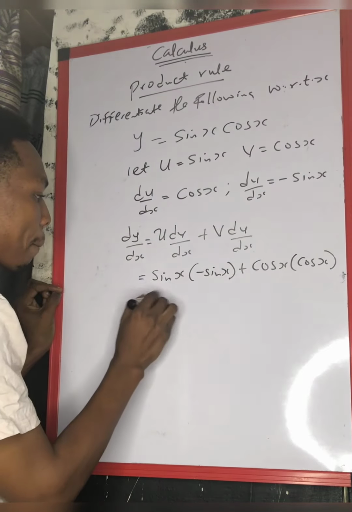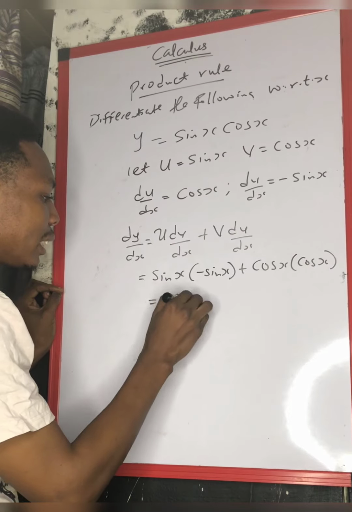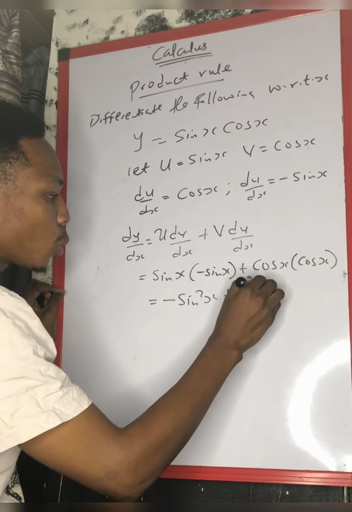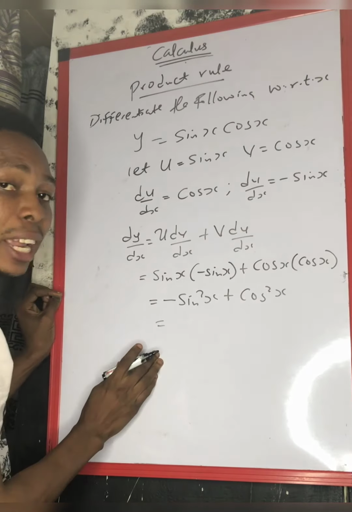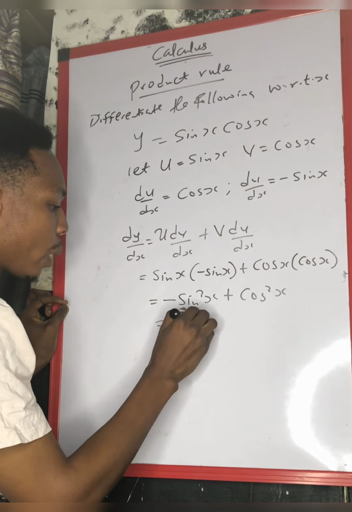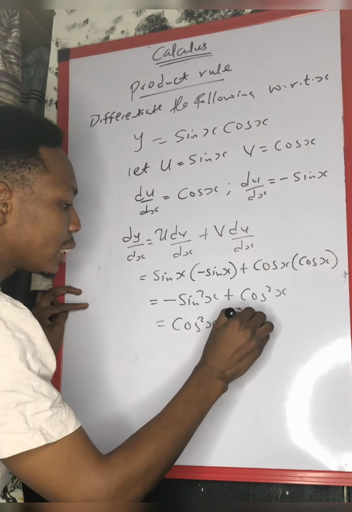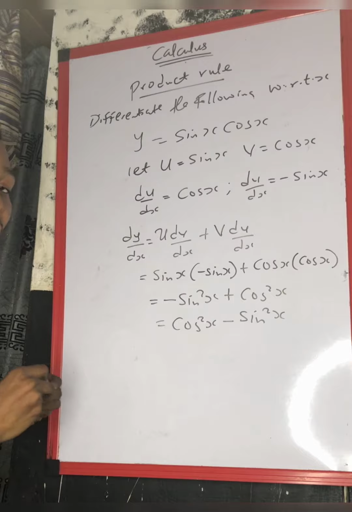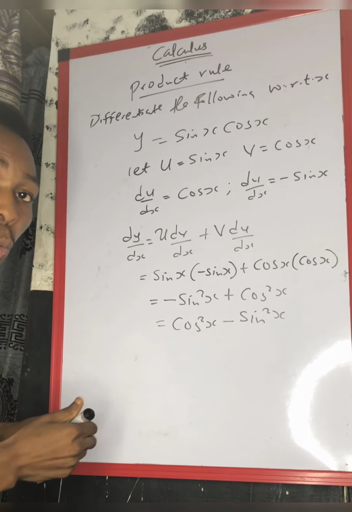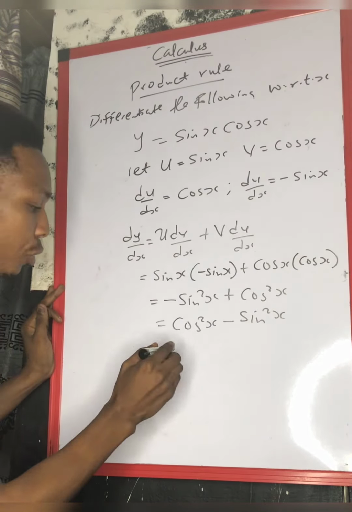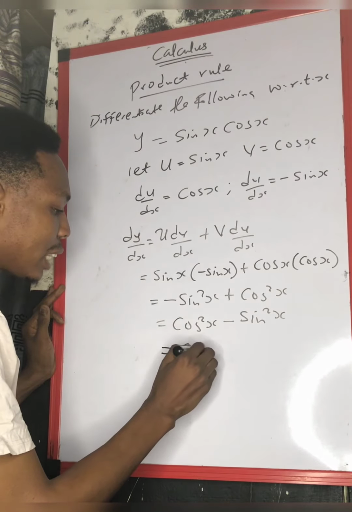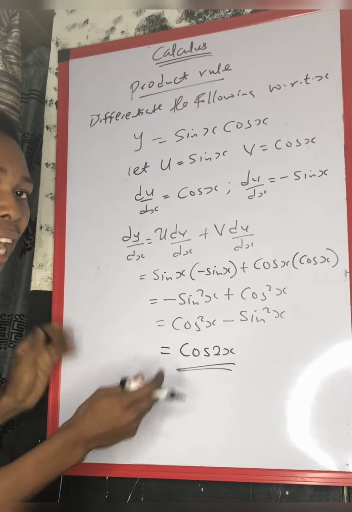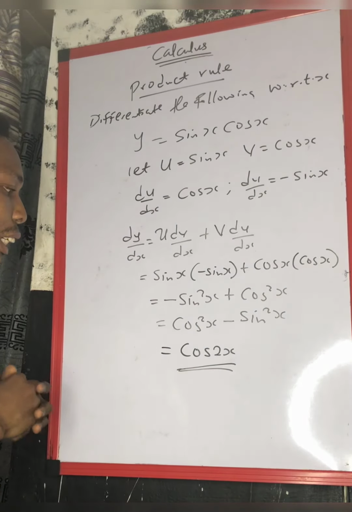From there, this is minus sine squared x, plus cos squared x. If you rearrange, it's cos squared x minus sine squared x, and whenever you have cos squared x minus sine squared x, it's cos 2x, a trigonometric identity. So our final answer is cos 2x. Either you leave your answer like this or the other way; they are both the same thing.